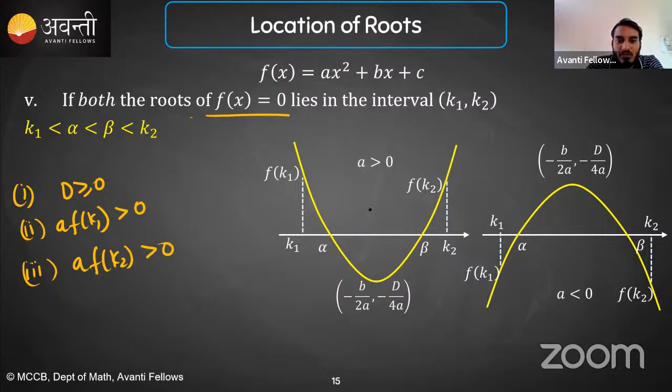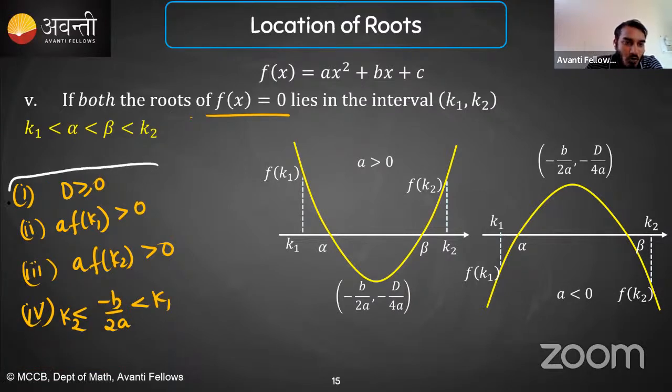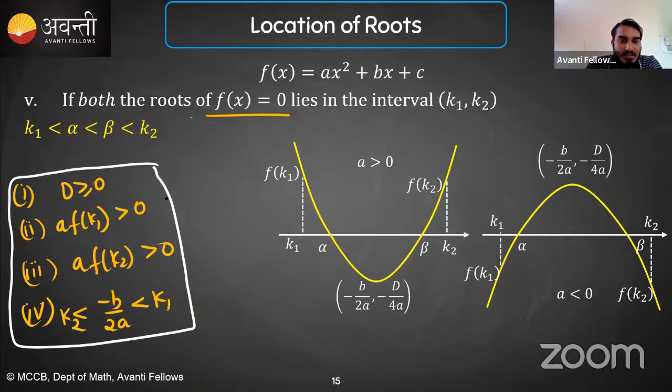Then the fourth condition is the x coordinate of the vertex should lie between k1 and k2. So these are the four conditions, sufficient and necessary.